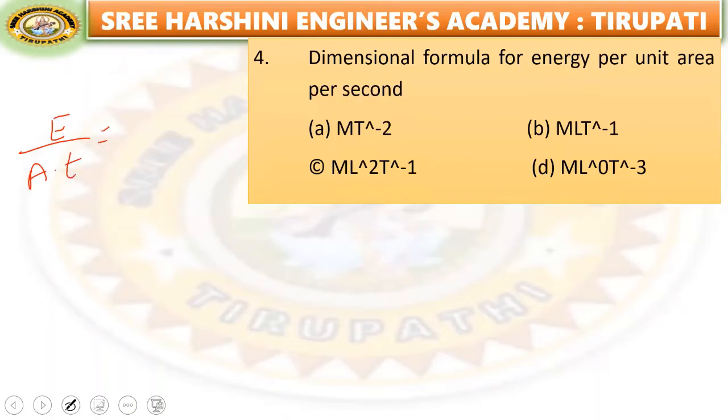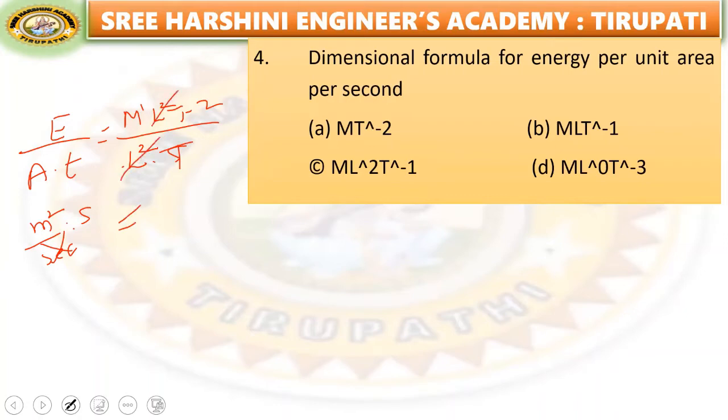The dimensional formula of energy is M1 L squared T power minus 2, divided by area, which is L squared, and into time, T. So L squared will be cancelled.